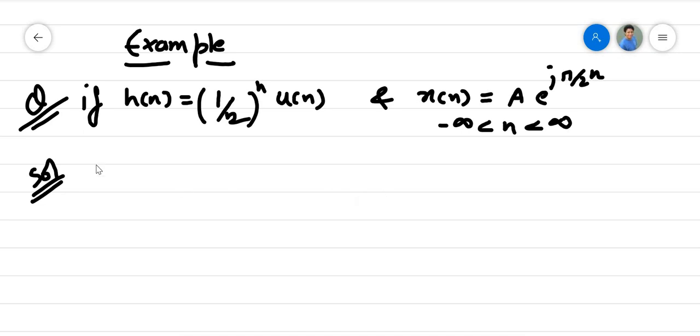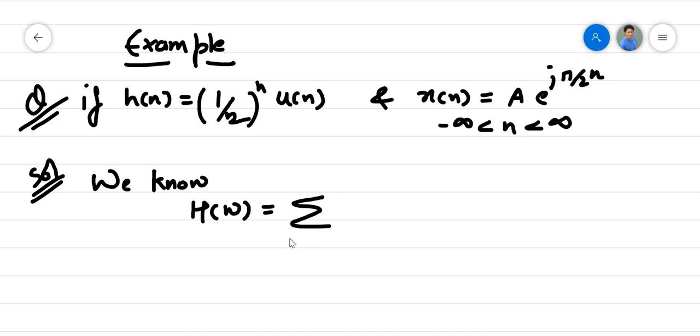So we know H(omega) is equal to the summation from n equals minus infinity to infinity of h[n] e^(-j omega n).